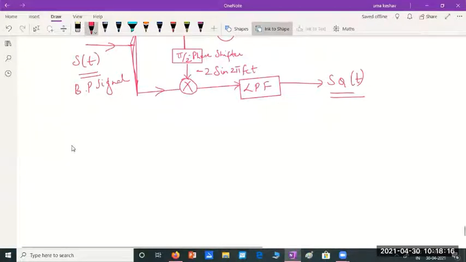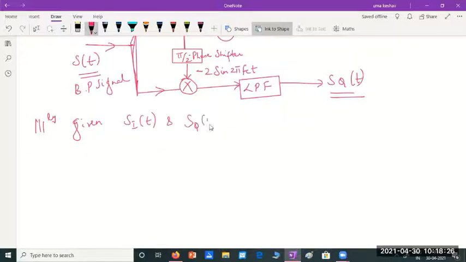Similarly, given Si and SQ, implement a block diagram to find S of t.